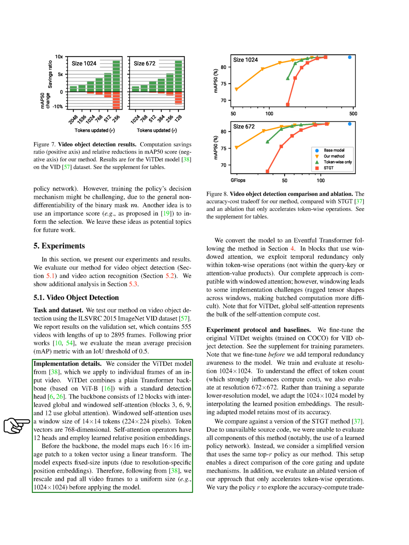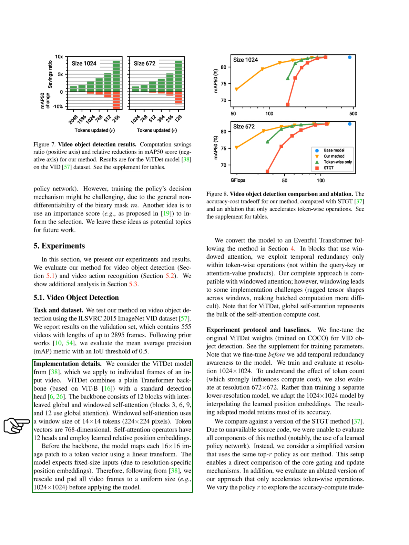We used the ViT-Det model, which we applied to individual frames of an input video. The model combines a plain transformer backbone with a standard detection head. The backbone consists of 12 blocks with interleaved global and windowed self-attention. Token vectors are 768-dimensional. Self-attention operators have 12 heads and employ learned relative position embeddings.